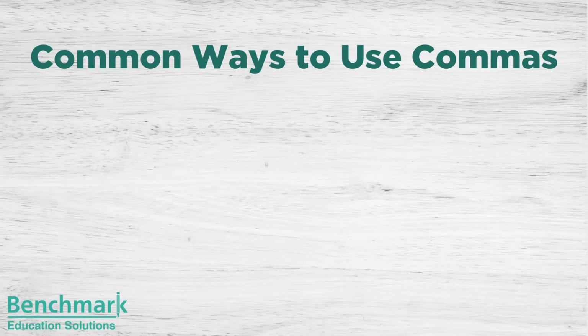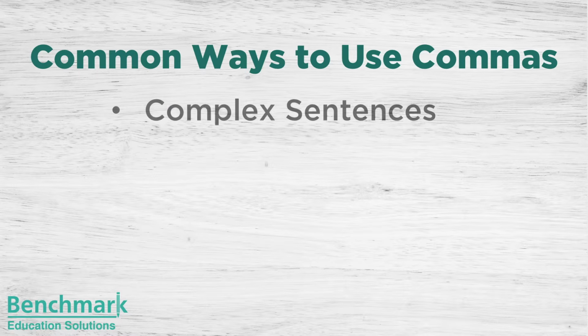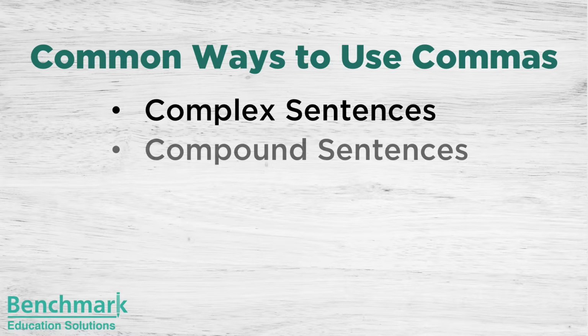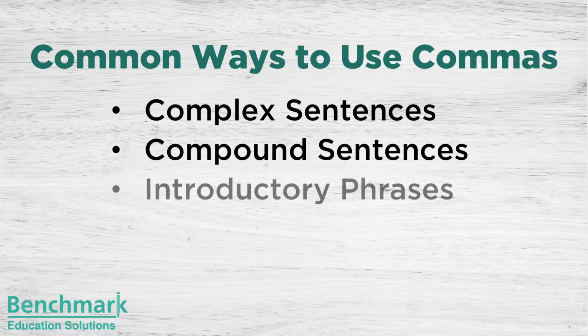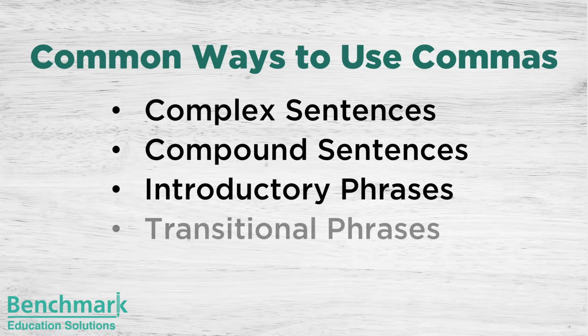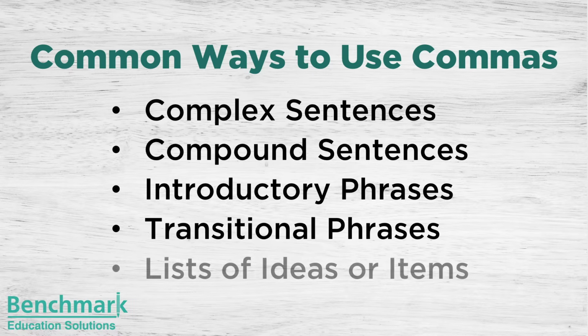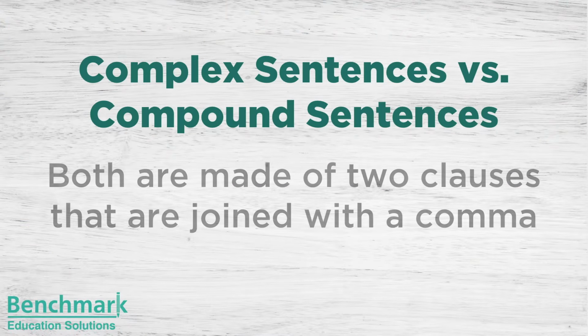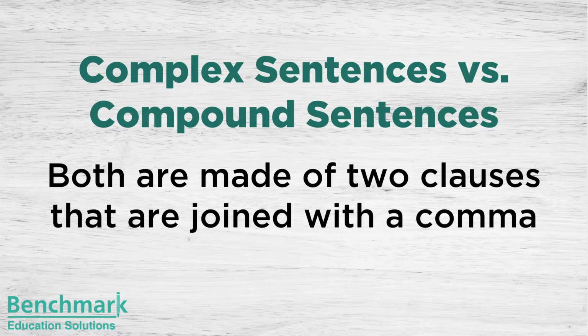Here are some common ways to use a comma: complex sentences, compound sentences, introductory phrases, transitional phrases, and lists of ideas or items. You might be wondering what the difference is between a complex sentence and a compound sentence. They're both made of two clauses or phrases that are joined with a comma.